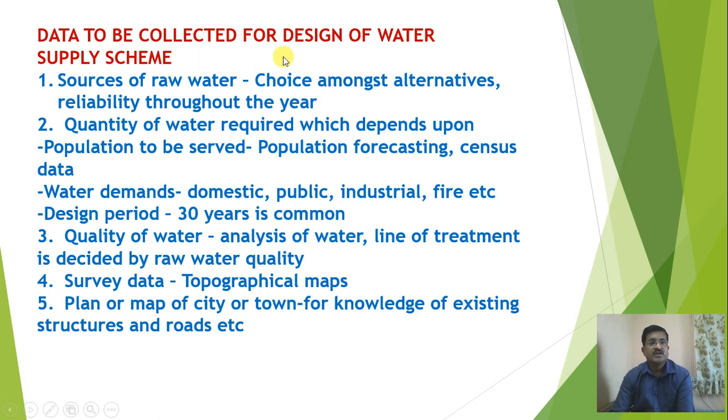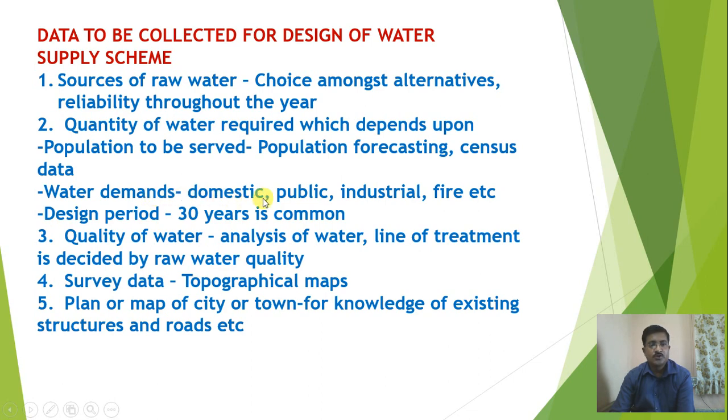Then the data to be collected for the design of the water supply scheme. In that: sources of raw water, choice among the alternatives, reliability throughout the year. It is expected that the water source should be perennial. Quantity of water required, which depends upon the population to be served, population forecasting, census data.